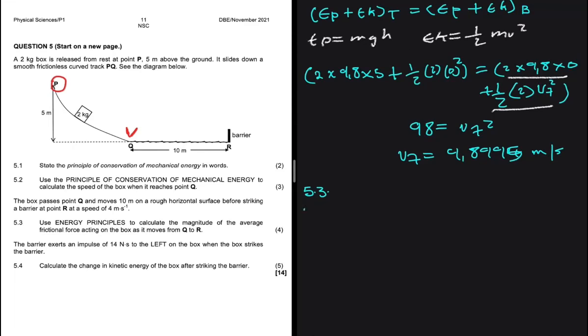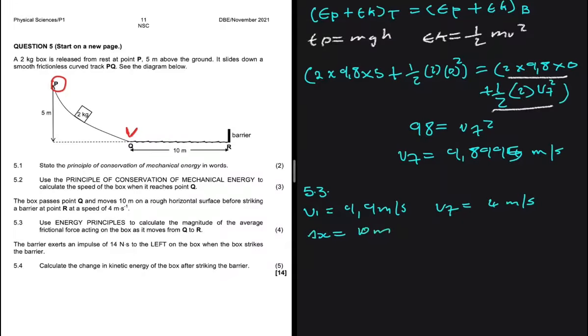So we're going to have Vi being equal to 9.9 meters per second. Then we have Vf being equal to 4 meters per second. And then we have delta x being equal to 10 meters.